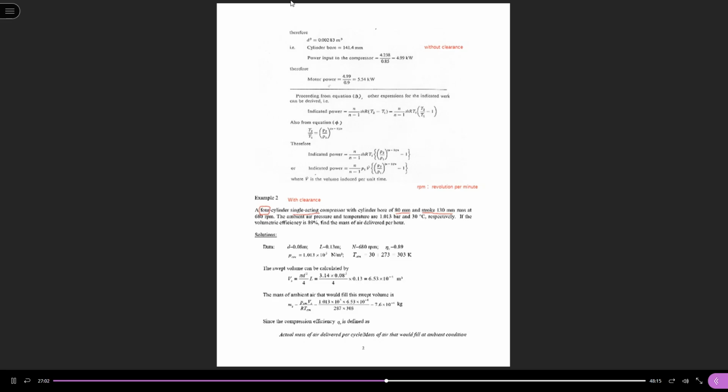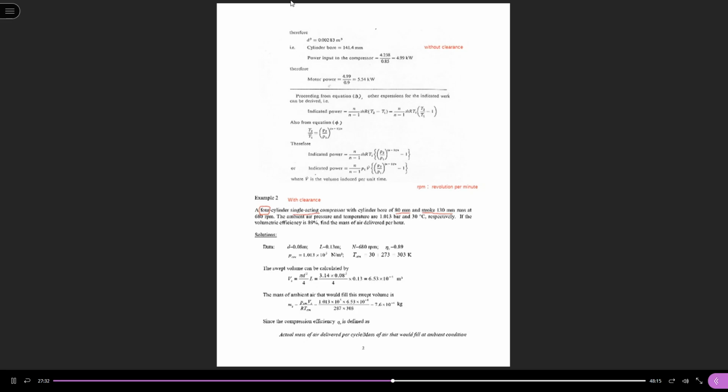So we take the air and compress it. We know the geometry design, the bore and the stroke, and also the revolutions per minute. So in 1 minute it can complete 680 cycles.